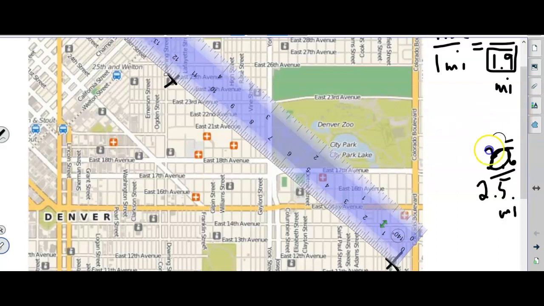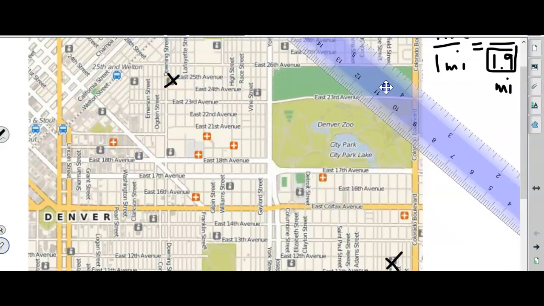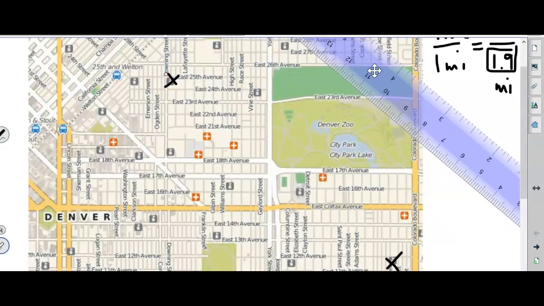Okay, but we can't do that because, like I said, we're not Superman or crows. So what we need to do is calculate a route. And here's the route I took. I don't know if this is necessarily the quickest route, but this is the route I took.